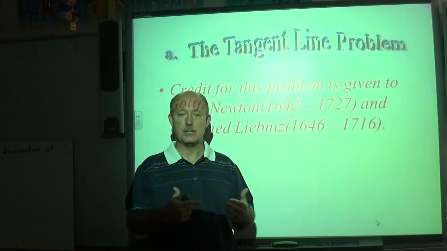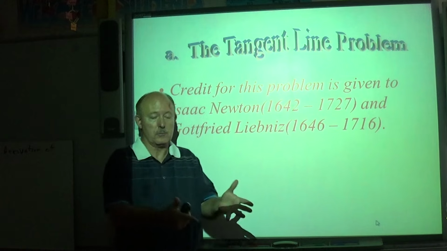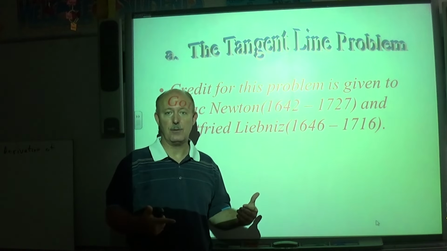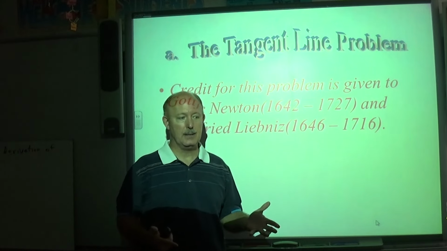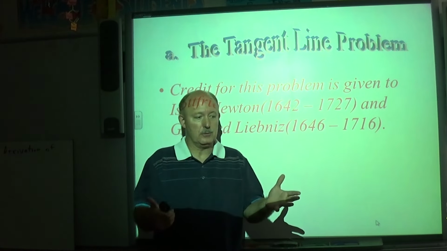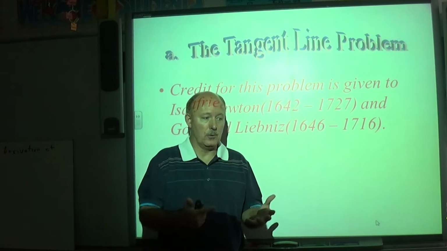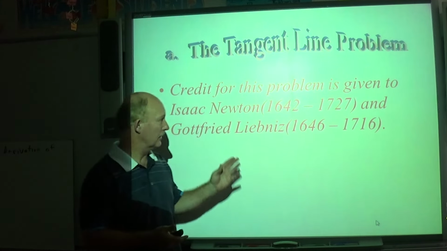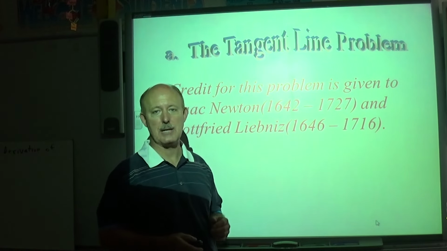For years and years, England and Sir Isaac Newton claimed credit for the development of calculus. And in Germany, they claimed credit for it also. Apparently the two just developed calculus at the same time. So finally they decided to let both of them have credit for the development of calculus, and that's how it stands today.